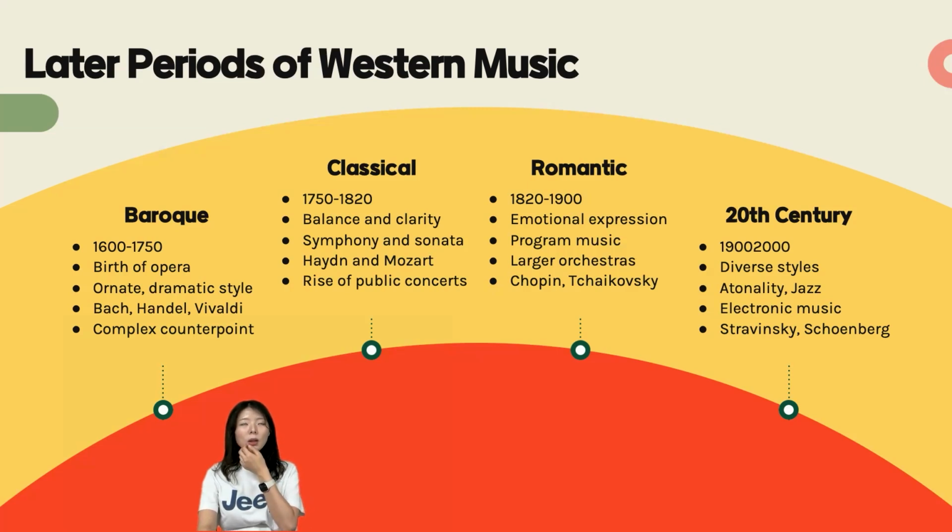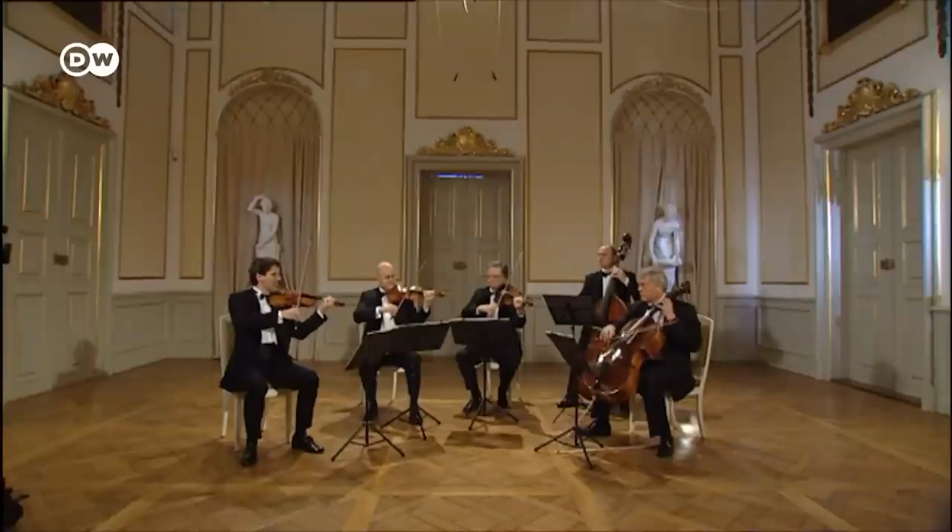The classical period is a little different from Baroque. Baroque music is very complex, with a lot of polyphony, but in the classical period, people seek clarity, balance, and structure, the kind that has melody and accompaniment.